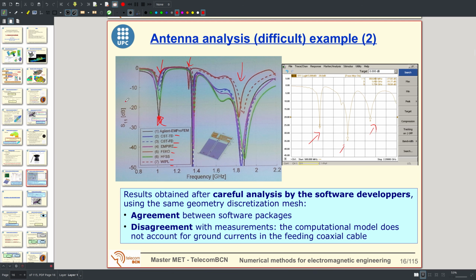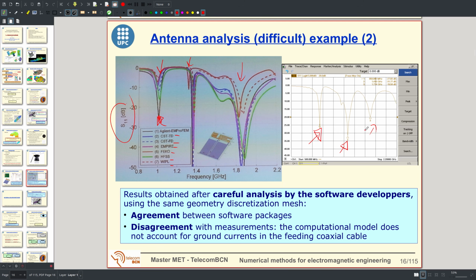So the resonant frequency is where you want to use the antenna. And you will see that the resonant frequencies computed by the software are not exactly the same as measured.